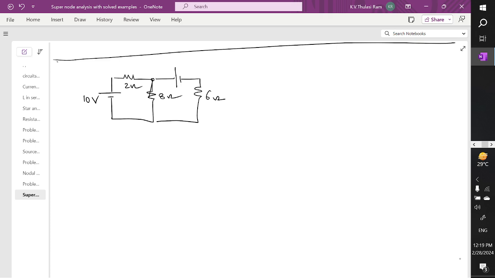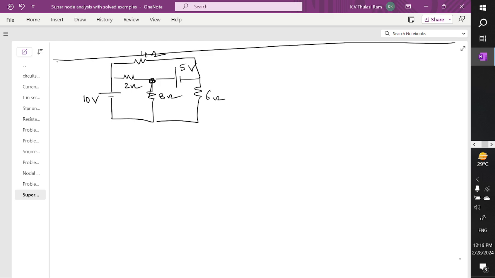This is of 6 ohm, this is of 5 volts, and you have one more branch, this value is 4 ohm. Okay, so these are the values given to us.